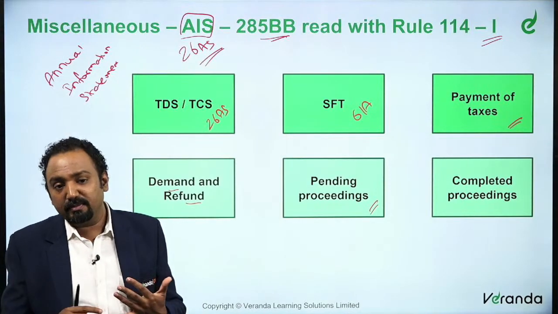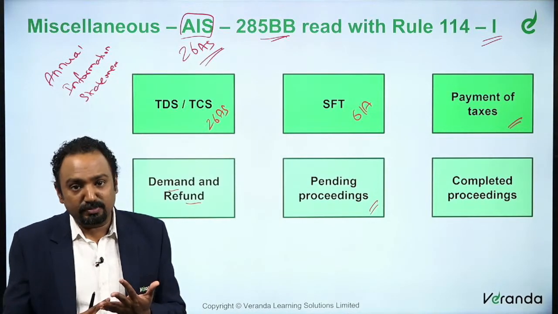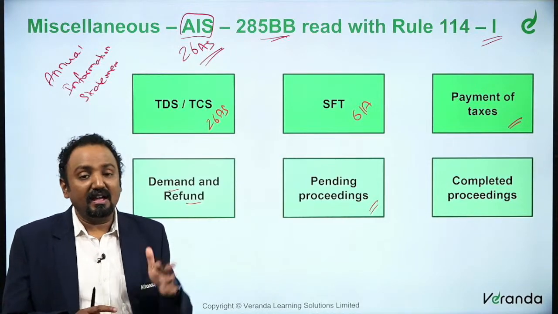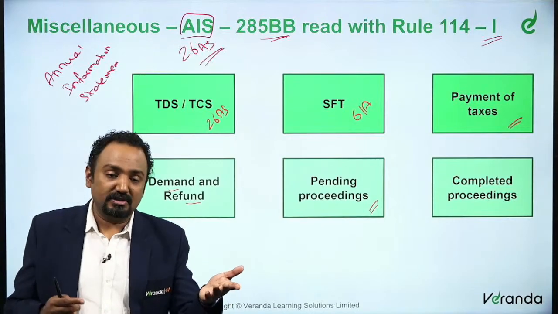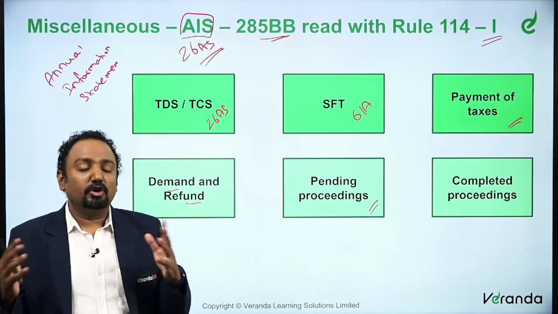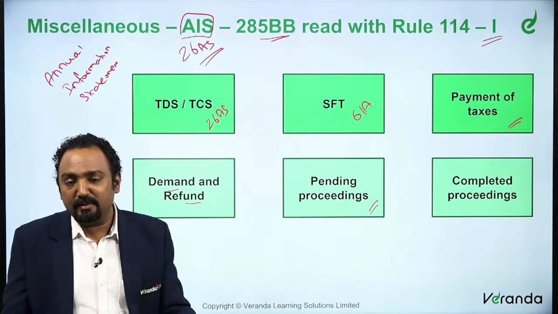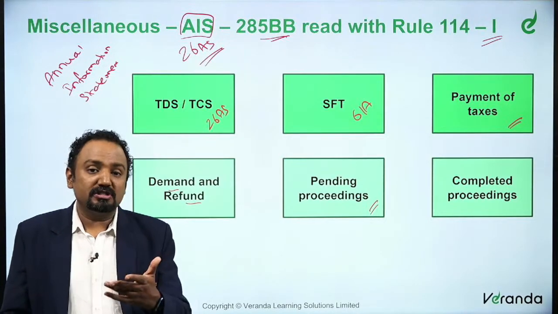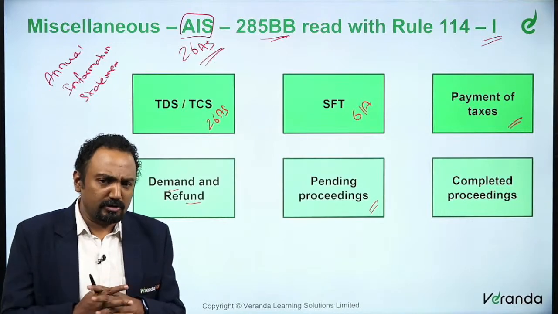So all the 6 pieces of information, from your TDS, your specified financial transactions, your payment of taxes, demand and refund, pending proceedings, completed proceedings, are displayed together through the annual information statement, which will help the assessee know how much they have possibly earned.